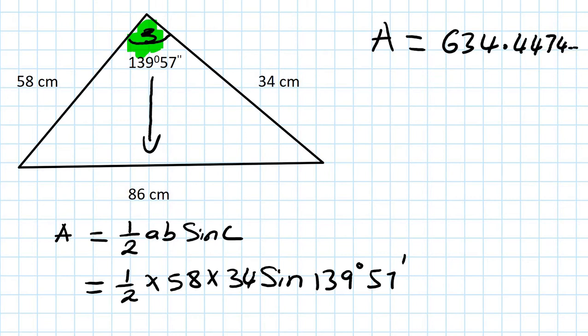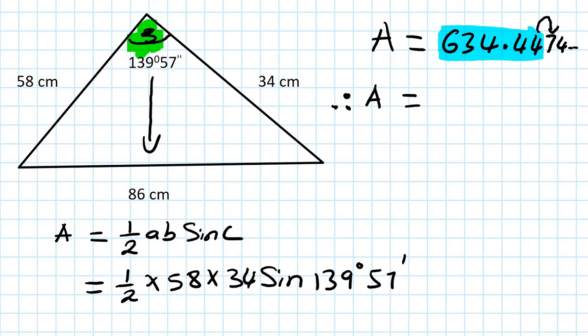634.4474 and so on. Again, I round to 2 decimal places, so I write up to here, you see. Before you write 0.44, of course you need to look at the number after this, which is 7, greater than 5.